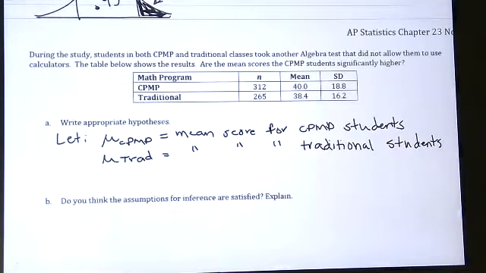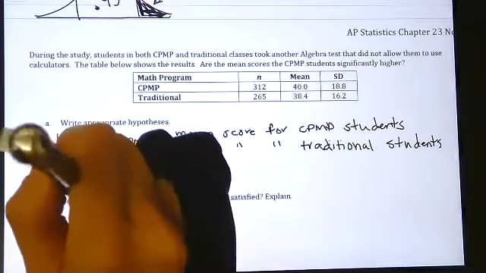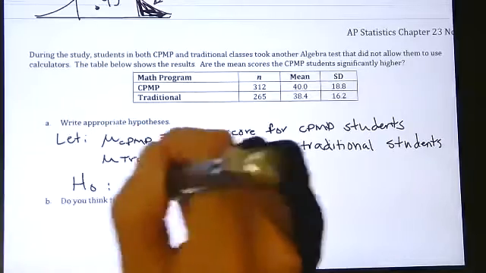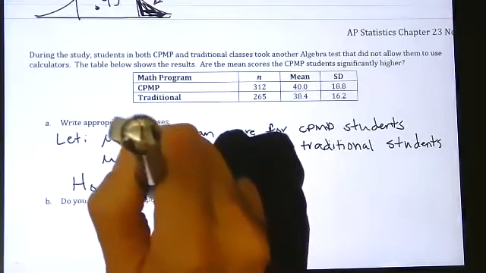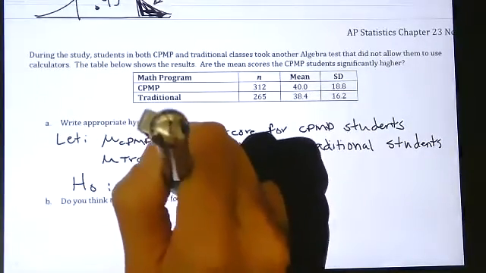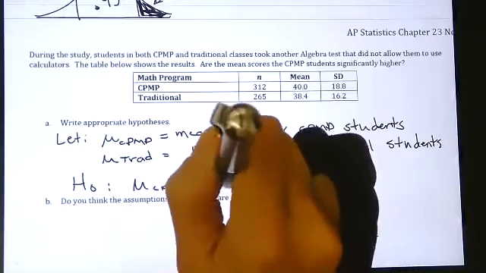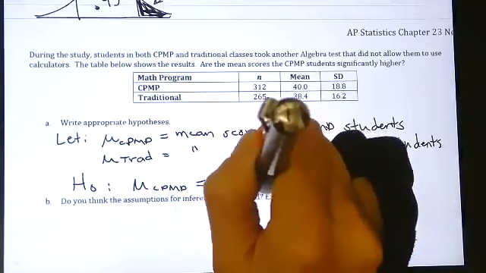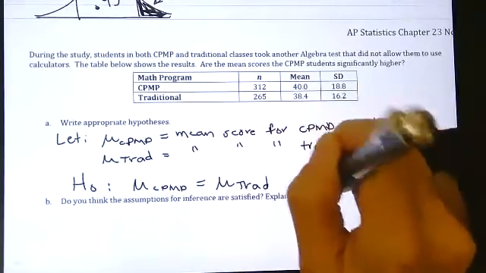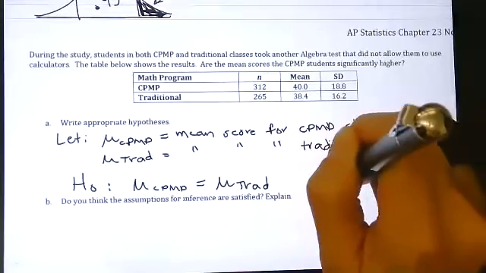Okay. Null is always that the difference is what? 0. There's no difference. So you can use 1 minus the other equals 0, or you could do they're equal to each other. Okay, and then the alternative.